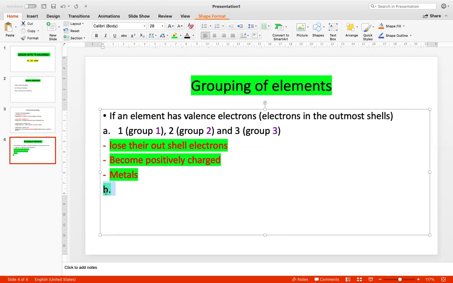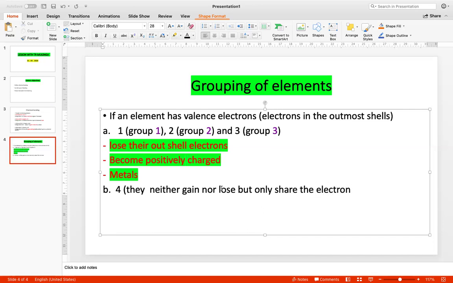If an element has 4 electrons in the outermost shell, these guys neither gain nor lose, but only share their electrons.